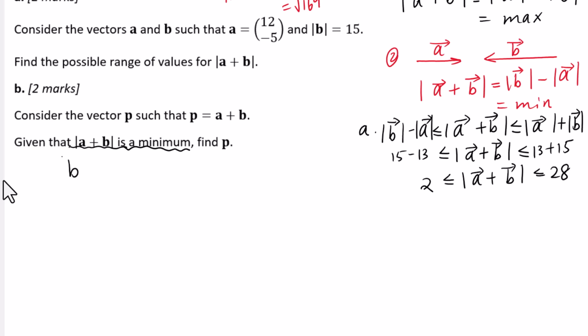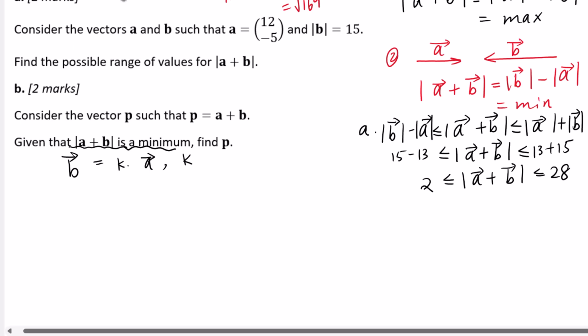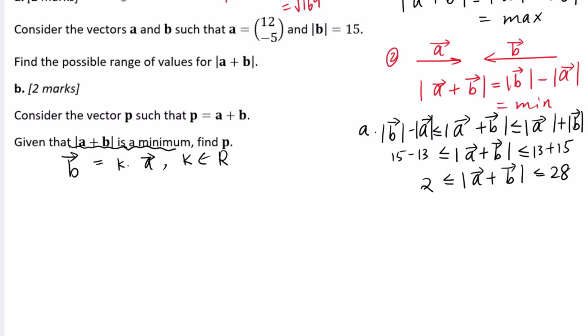In other words, we can write down vector B equals k times vector A. This k is a negative real number.